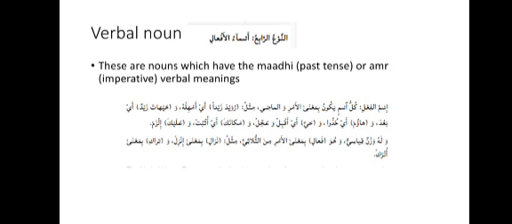So my question is, are there any specific scales for an ismul fi'l, a noun which is in the meaning of a verb, based on any specific rules? Here it's saying walahu waznun qiyasiyun, so they do have a pattern which is based on a rule. When you see a noun on the pattern of fa'ali, it's in the meaning of an imperative word, بمعنى الأمر من الثلاثي.